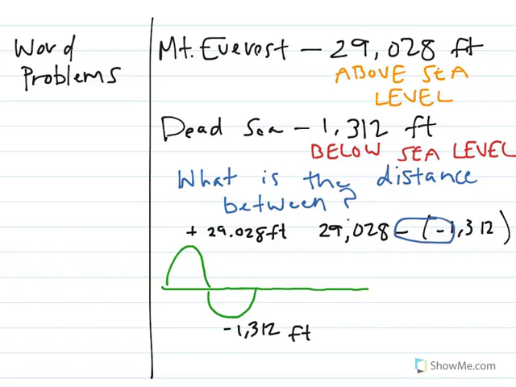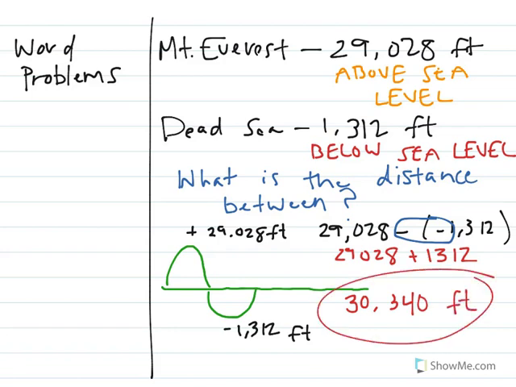So we're essentially going to do the operation 29,028 plus 1,312. And so these two elevations are 30,340 feet apart. That is the answer to our word problem.